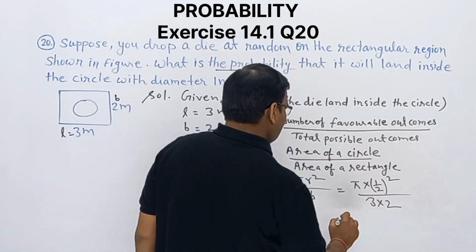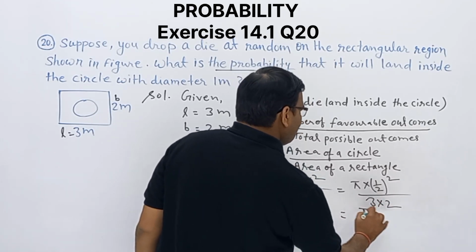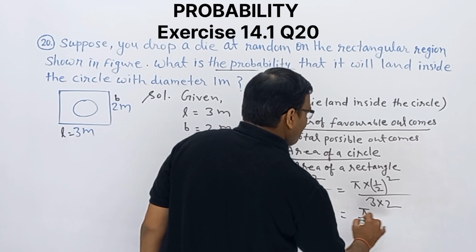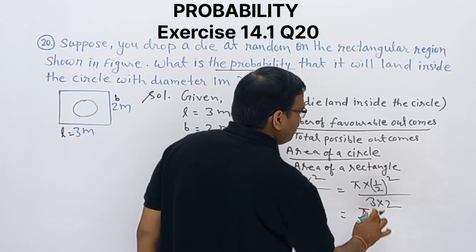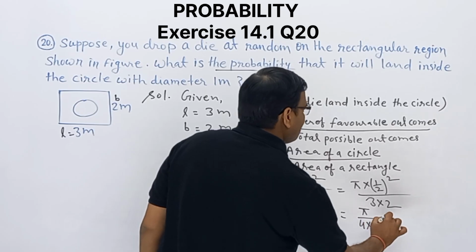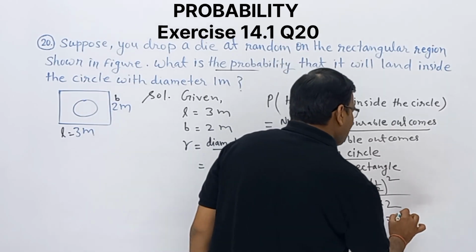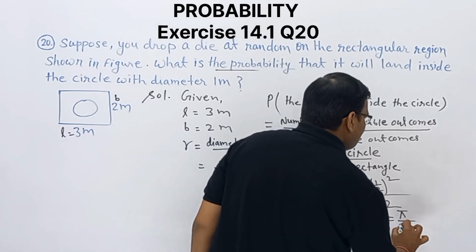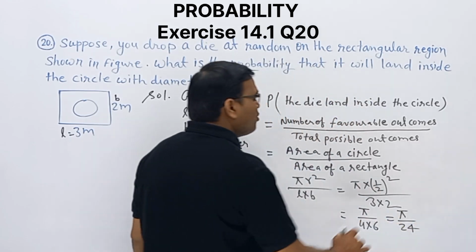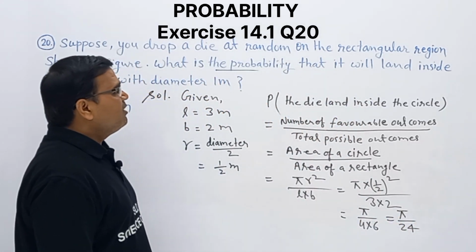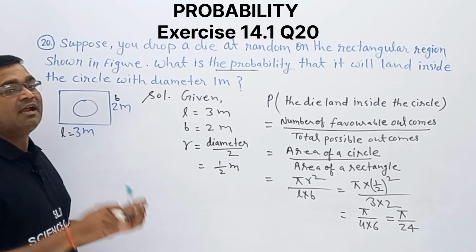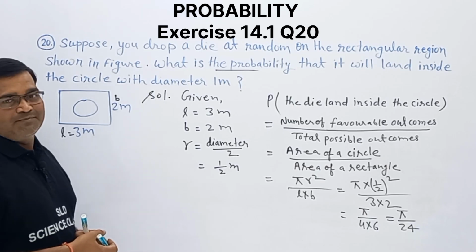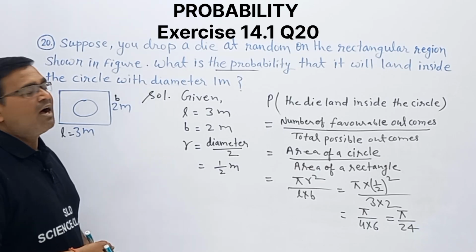Solving this, we get pi upon 1 square is 1, 2 square is 4, into 3 into 2 is 6. So finally we get pi upon 6 fours are 24. So pi upon 24 is the probability of the die landing inside the circle. This is the required answer.